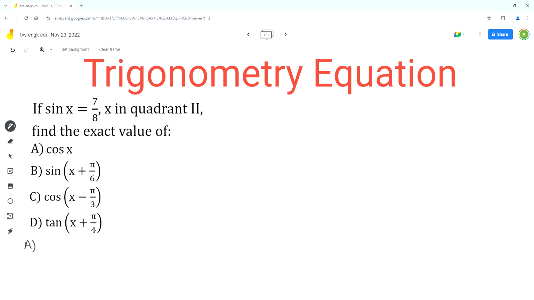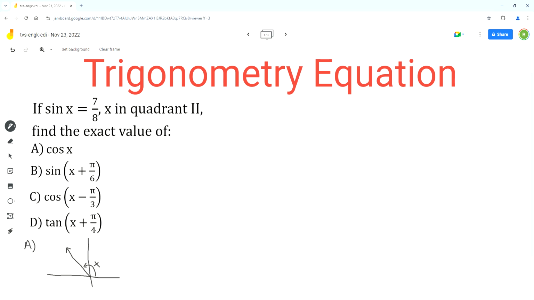As per the problem, angle x is in quadrant 2 and sine of angle x is equal to 7 over 8. The first step is to draw the angle x in quadrant 2. This can be our angle x.